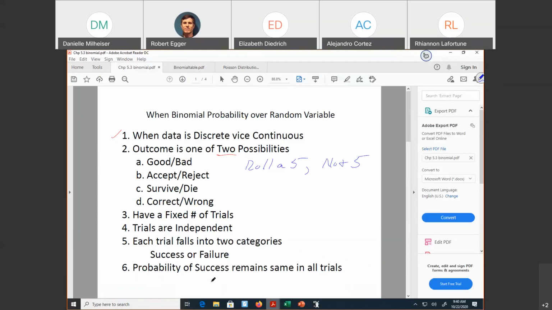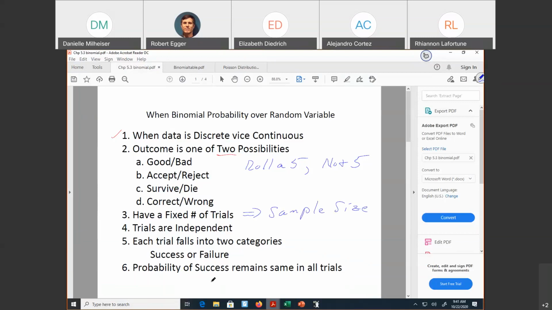Must have a fixed number of trials. You just can't keep doing it forever. And you can also think of the fixed number of trials as the sample size.